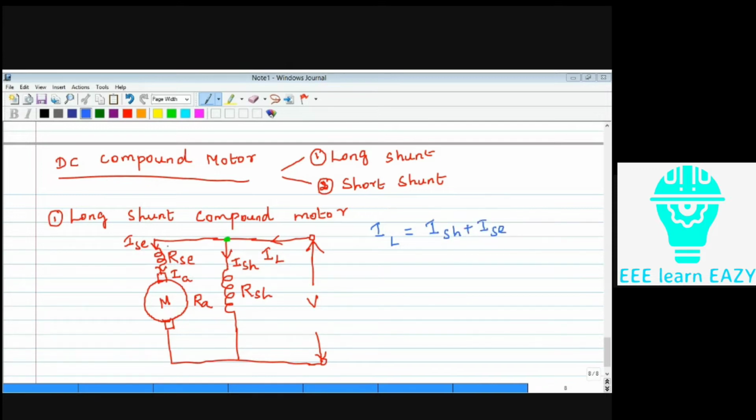But the series field and this armature are connected in series. Therefore, I series is equal to IA. Therefore, I can rewrite IL is equal to I shunt plus IA.